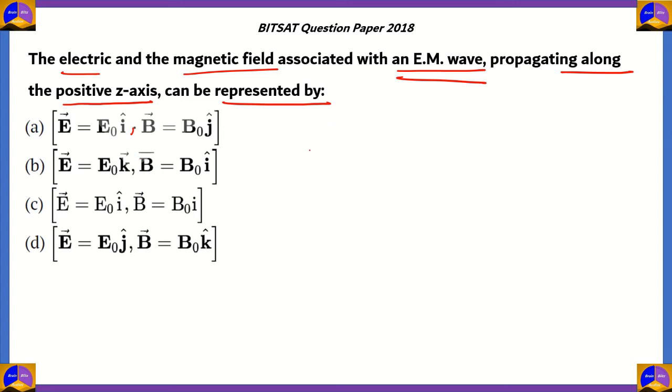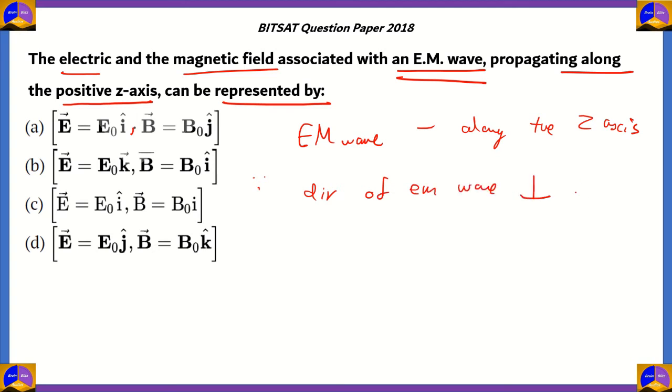Now, in this question, the EM wave, the electromagnetic wave, is passing along positive z-axis. Now we all know that the direction of an EM wave is perpendicular to both the electric field vector and the magnetic field vector.